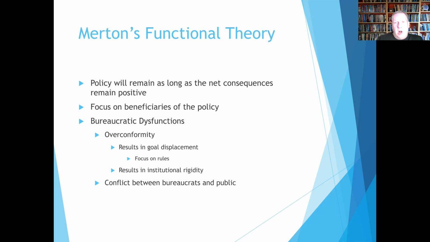Once you have those walls, the public feels that they cannot communicate with the organization. It becomes too daunting a task to go to these organizations to get a redress of their grievances and the services they need, which then creates conflict between the bureaucrats and the members of the public those bureaucrats are supposed to serve.